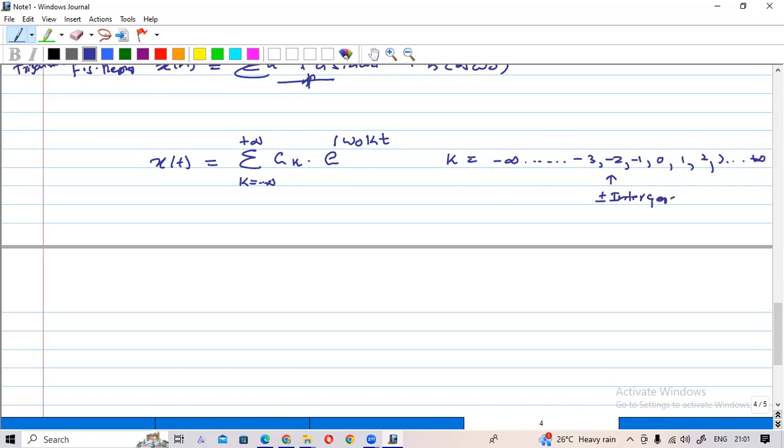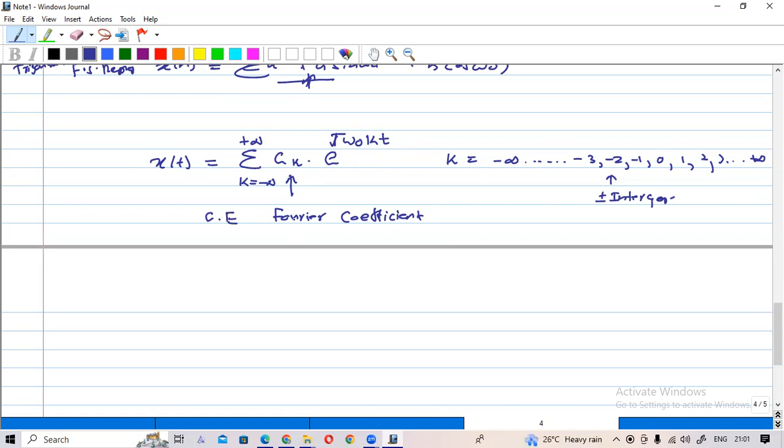So when you change this k to 1, 2, 3, that means omega naught, 2 omega naught, 3 omega naught, 4 omega naught, likewise. Those are different frequency components. So this x(t) can be represented as a collection of complex exponential terms. This c_k we normally refer to as the Fourier coefficients, actually the complex exponential Fourier coefficients.